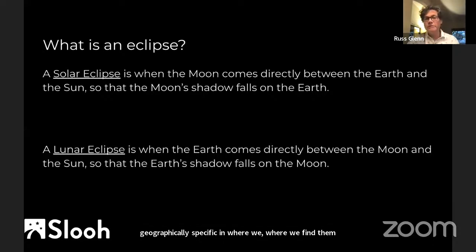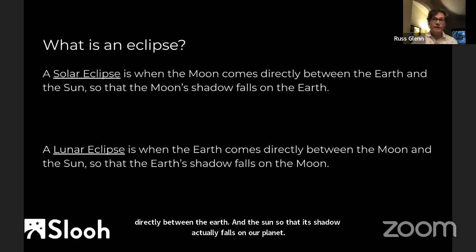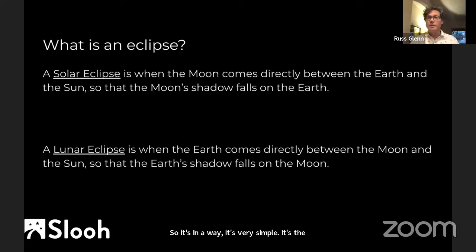So, a solar eclipse is when the moon comes directly between the Earth and the sun, so that its shadow actually falls on our planet. So in a way, it's very simple. It's the sun's light being blocked by the moon. So it's a shadow, just like any shadow that you might cast as you're walking down the street on a sunny day.